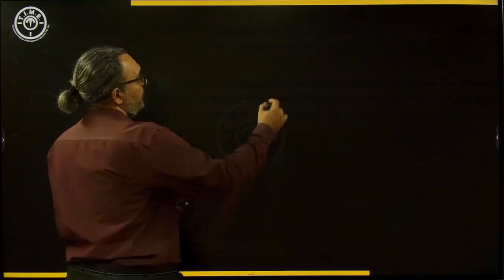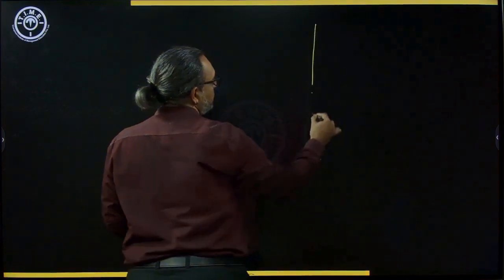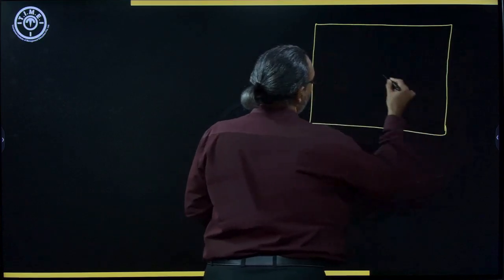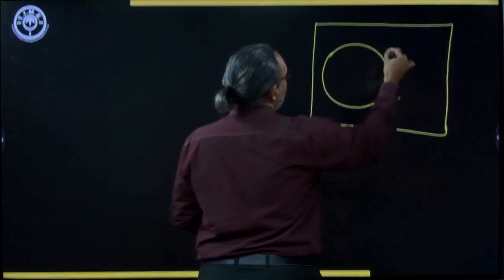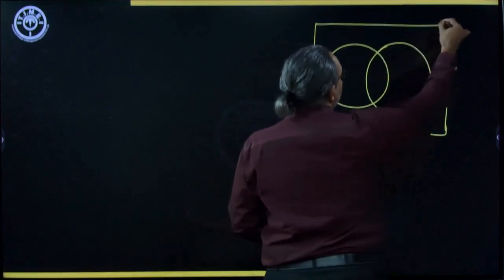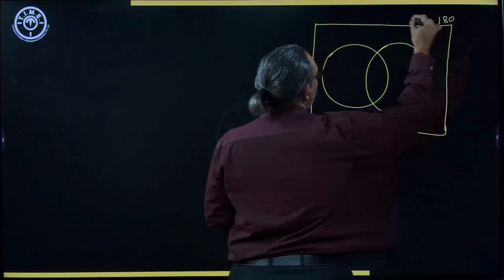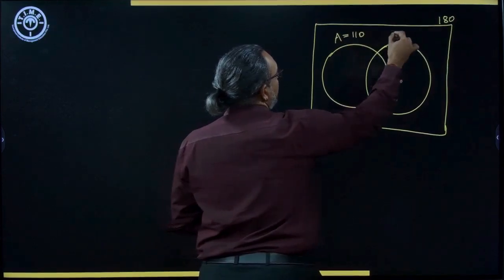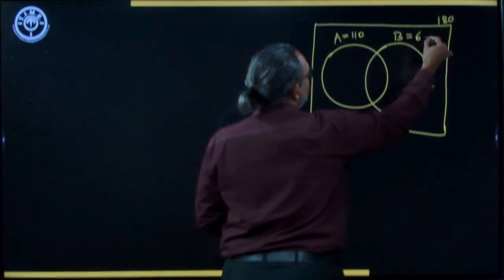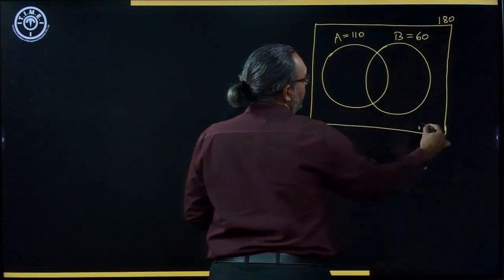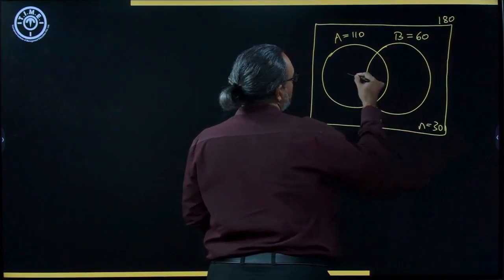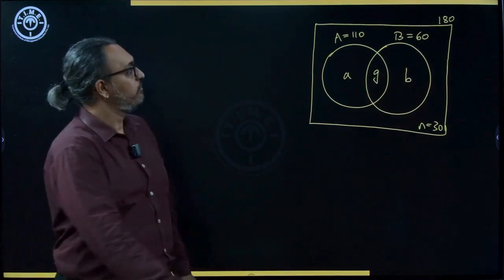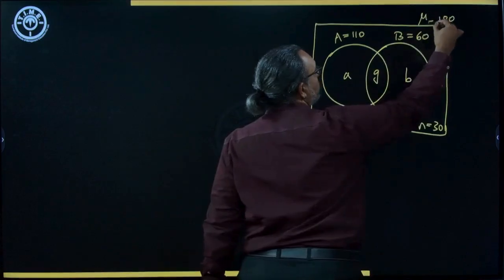If I take a two-set diagram, this is 180, that is mu. Now capital A we know is 110, capital B we know is 60, and N we know is 30. So small a, small b and G are missing. These are the values that are available to us.